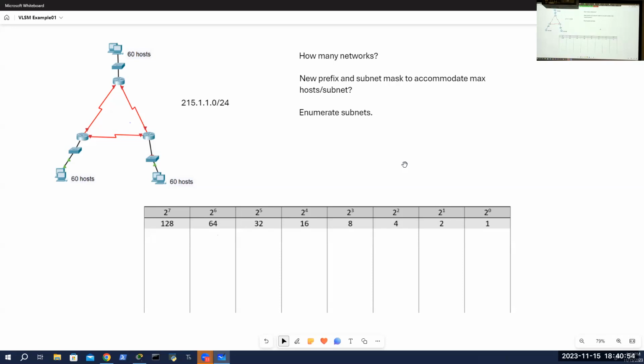Like I said, you can pass the CCNA if you basically have to guess on all the subnetting related questions.